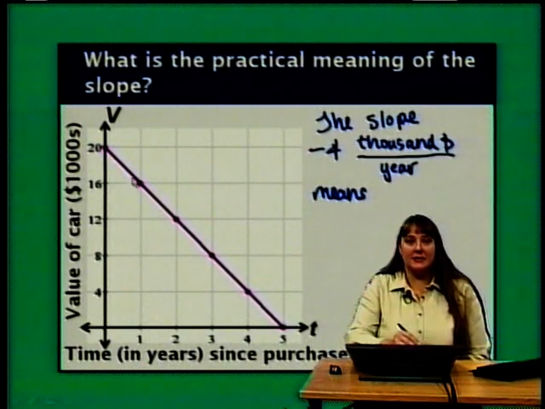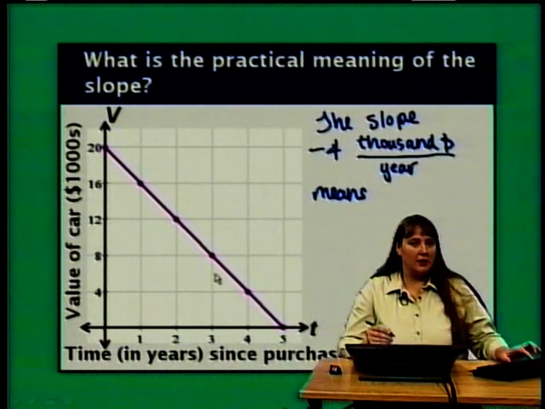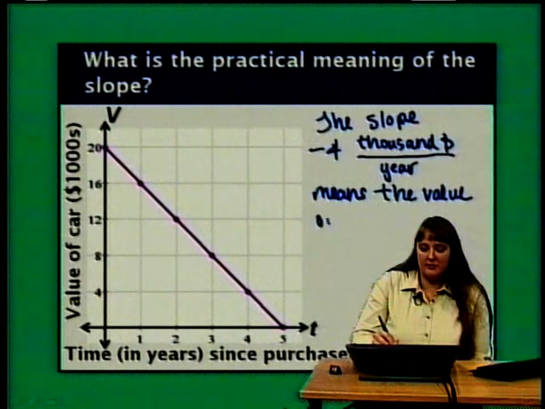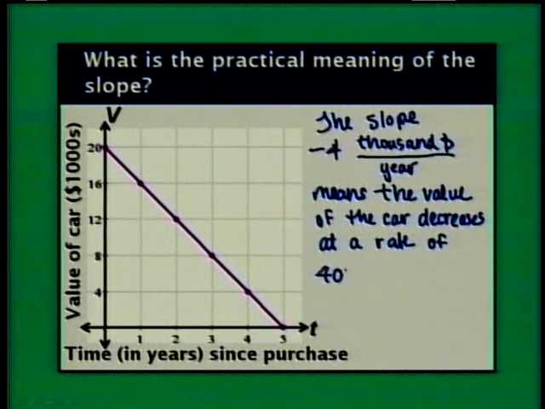The line is decreasing, which tells me that the value of the car is decreasing. So we can say that the slope means the value of the car decreases at a rate of $4,000 per year.